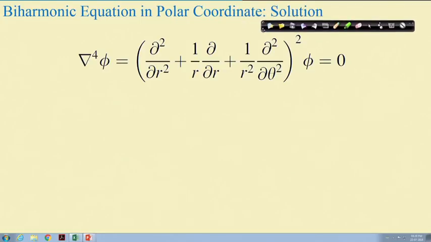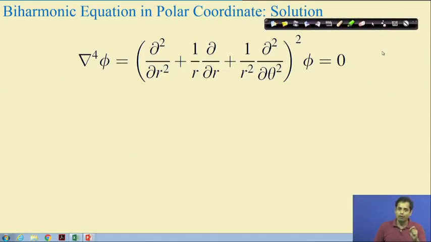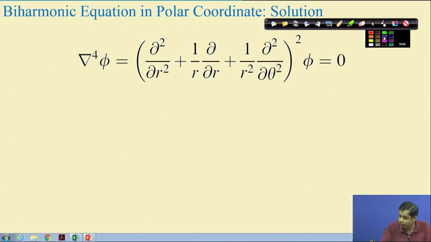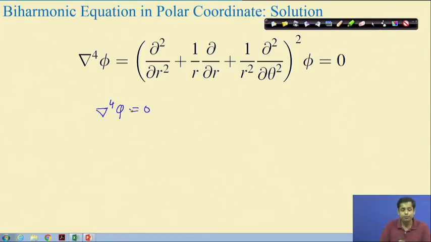So this is this equation. You recall in the Cartesian coordinate system, what we did is del 4 phi is equal to 0.